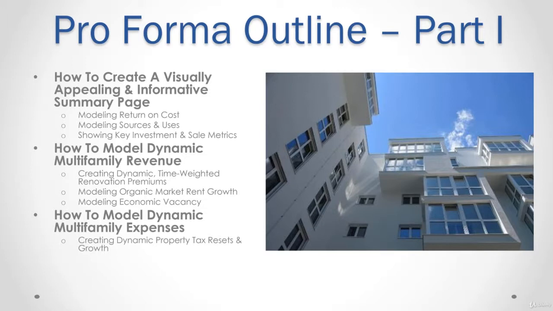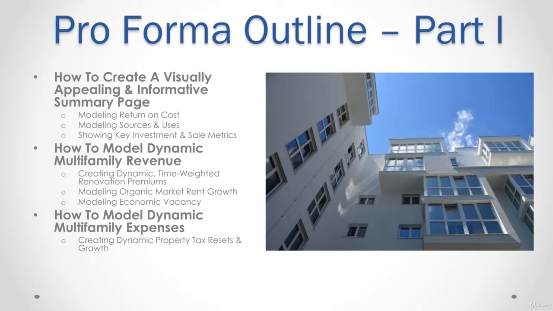We're also going to talk about modeling organic market rent growth. So how do we model that into our model if we believe that organic rent growth outside of our own renovation is going to be 5% in the first year, but then maybe only 3% in the second year, and maybe only 2% in the following year, but then maybe back up to 5% in the following year?